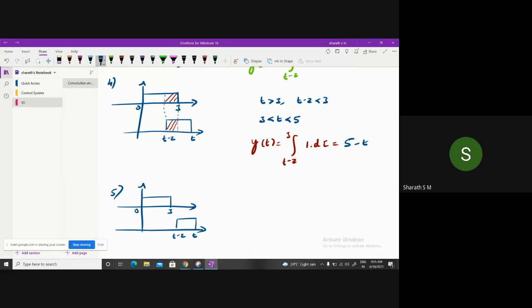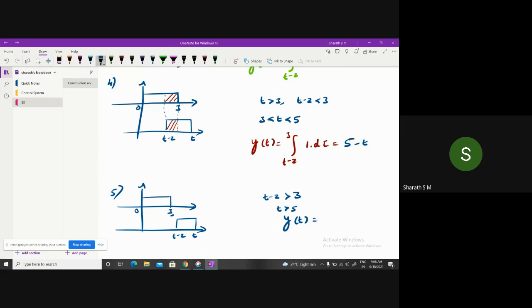So for them not to overlap, what is the limit? t minus 2 greater than 0 or 3? Greater than 3, it should go outside of this limit. So t minus 2 is greater than 3, that indicates t greater than 5.